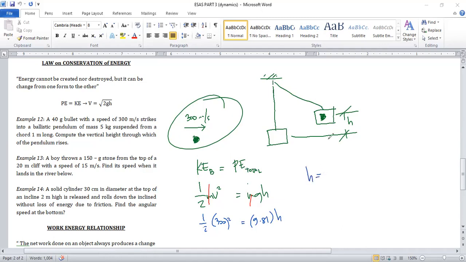So calculating for h, that would be 300.